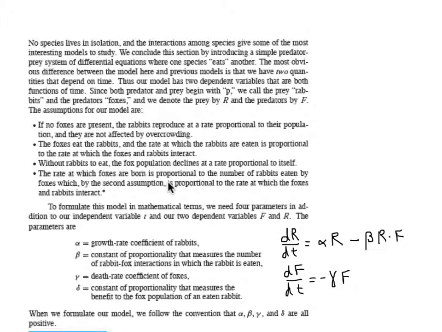So when a fox and rabbit interact, there's a positive effect on the fox population. We're going to use the Greek letter delta to model the success. So now when they interact, it helps the birth rate of the foxes, and so our change in fox population will have a positive effect by this.